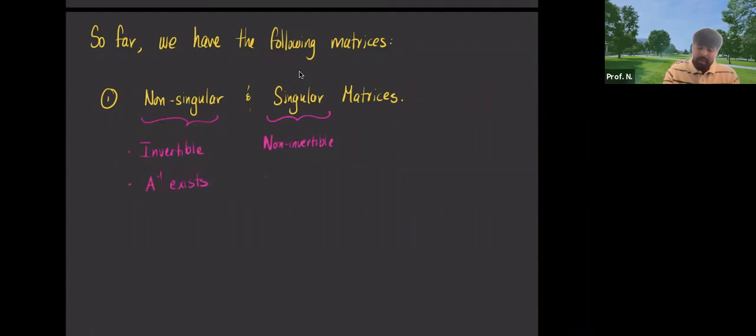Non-invertible matrices means that the inverse does not exist. For these matrices, when you try to find the inverse using the inversion algorithm, something breaks down and you can't continue. You don't get the identity on the left side, but here you do when you apply the inversion algorithm.